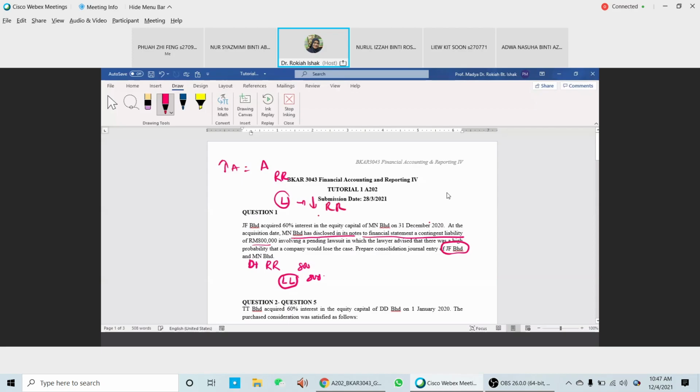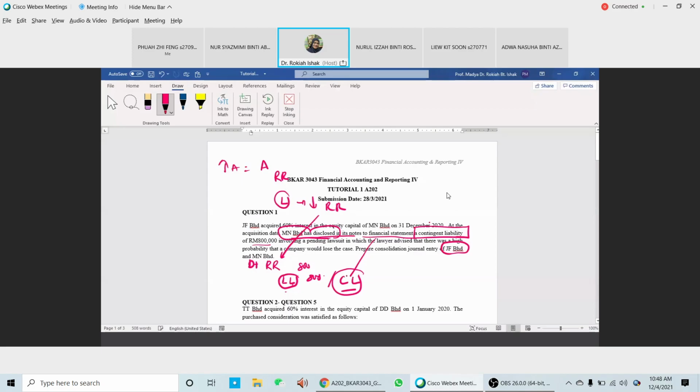So that's why we debit a revaluation reserve and then credit. It said that you just follow what is mentioned here: MN disclosed in the notes a contingent liability. So instead of putting a lawsuit liability, put it as a contingent liability. But you can accept both. We just follow the one that is disclosed in the note.